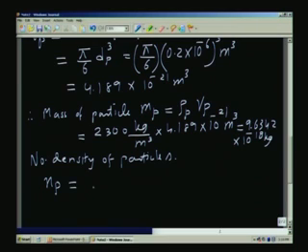So, I know the mass of each particle, therefore, I can find out the number of particles. So, simply, rho Np, the number of particles per cubic meter, that is the number density, is given by the density of the smoke divided by the mass per particle.